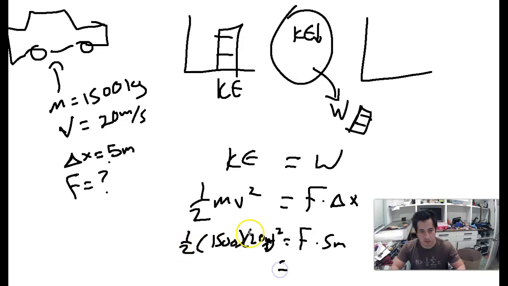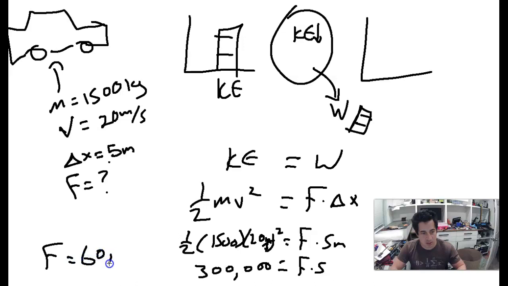And so if we multiply that, 20 squared is 400 times 1,500 divided by 2 is going to give us 300,000 joules. We'll divide that by 5 and get that the force was equal to 60,000 newtons.